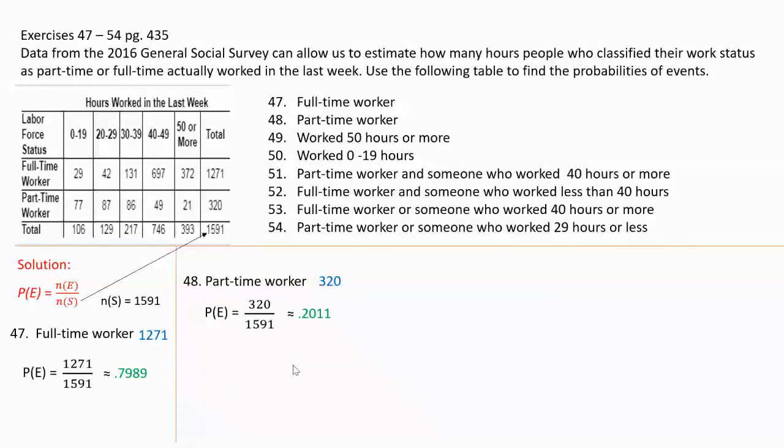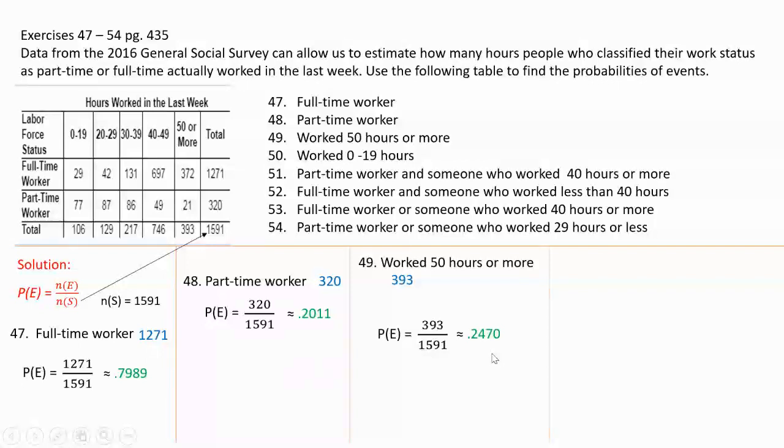Okay, now let's do number 49. Worked hours, work 50 hours or more. So 50 hours or more is going to be 393. So 393 over the sample space will give us approximately 0.2470.